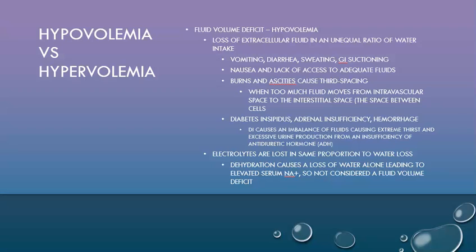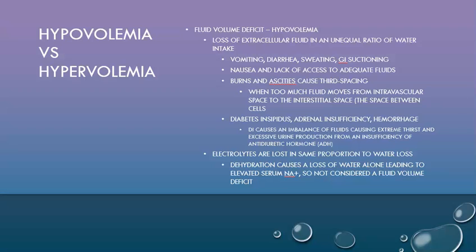Diabetes insipidus, so this is not diabetes mellitus. This occurs when the kidneys are not able to concentrate the urine normally. So these patients are going to urinate excessively, but it will be very diluted urine.